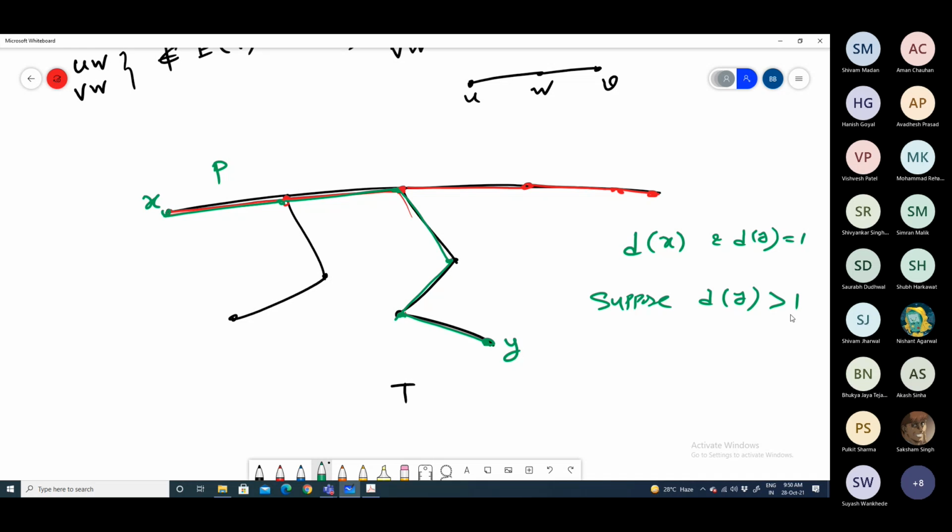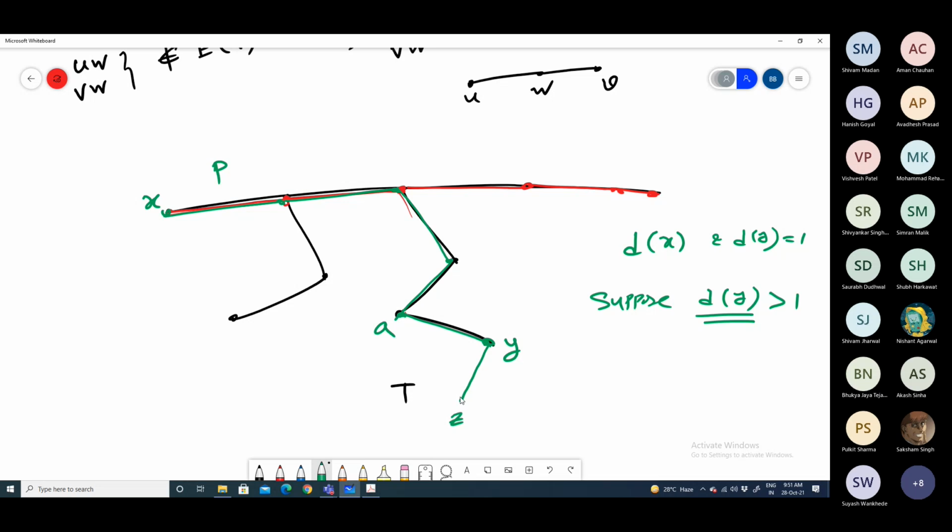Say this is a longest path and say this is your vertex A. Since degree of Y is greater than 1, we must have another vertex Z, and YZ will be an edge.